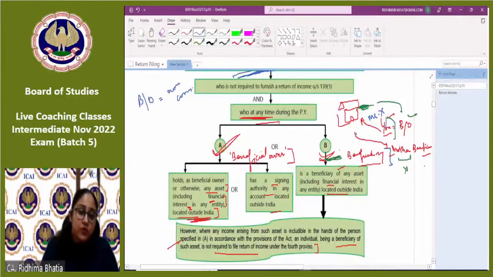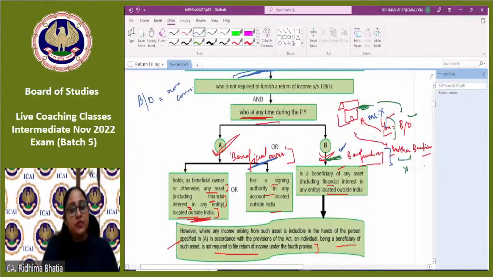She is also required to file the return of income even if she does not have any income of more than basic exemption limit. But both of them are ROR. The primary condition is both of them are ROR. Both have to file the return of income. But if the beneficial owner files the return of income showing this rental income, then beneficiary is not required to file.